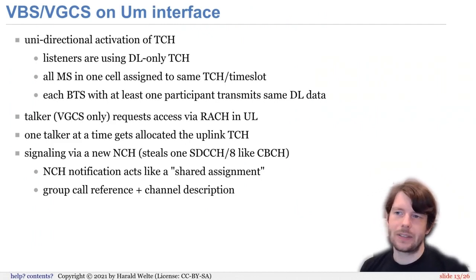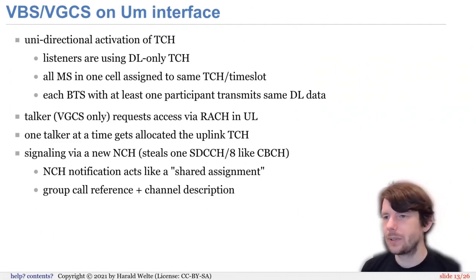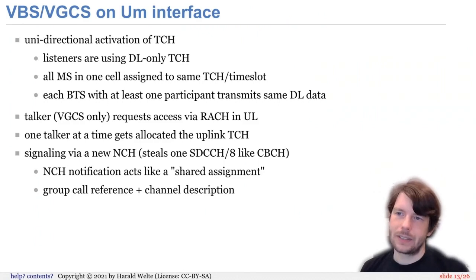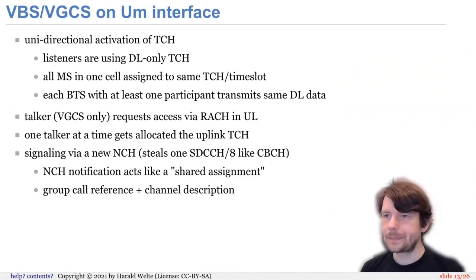So channel description is the normal channel description as we know it from GSM signaling. And then all the phones will, in unacknowledged mode, receive these notification messages and will basically activate the channel description, which then is the TCH of this group call or broadcast call. Yeah, so that's how it looks on the radio interface.